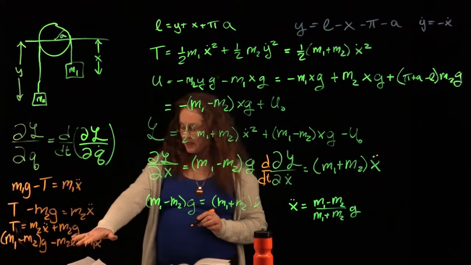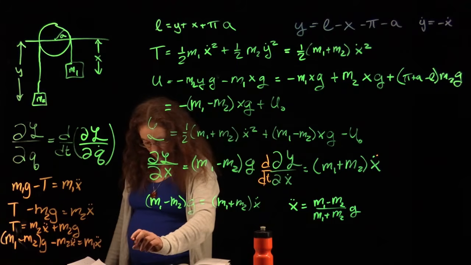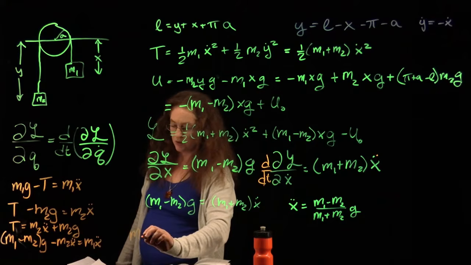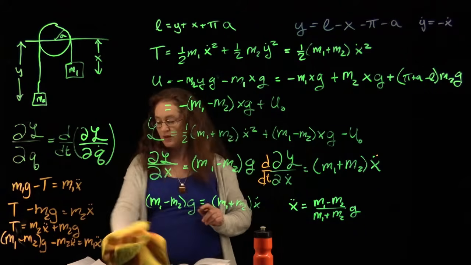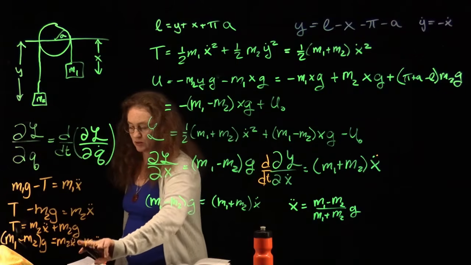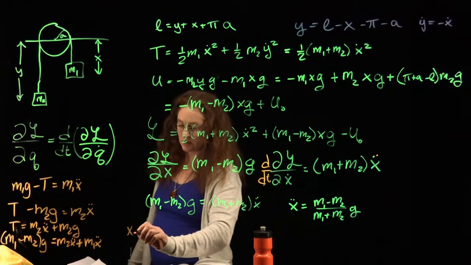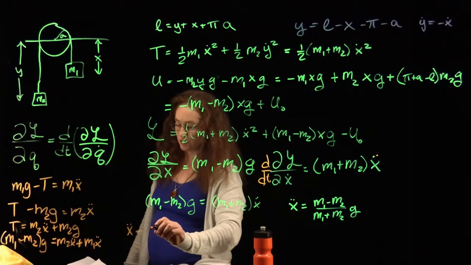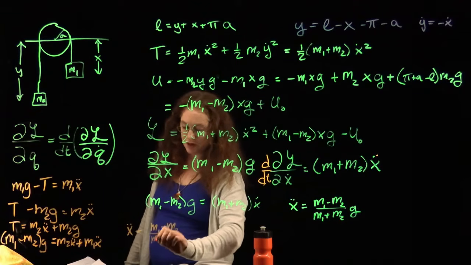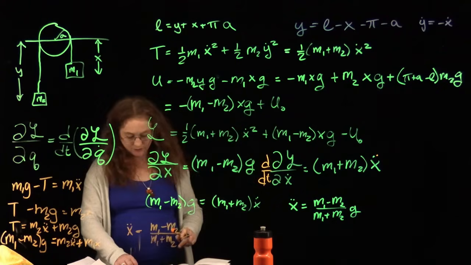All right, and then I get the same equation. I'm going to move this guy to the same side, and I get x double dot equals (m1 minus m2) over (m1 plus m2) times g.